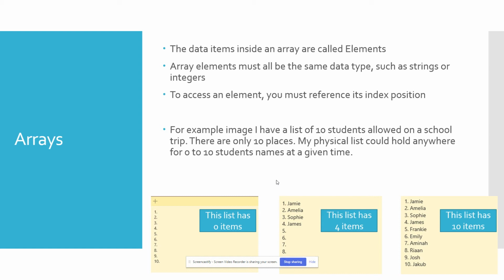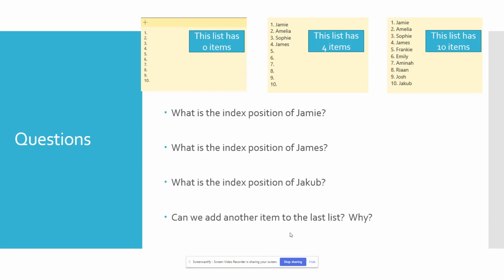And I've deliberately numbered it like this because you need to be very clear about the fact that this is different to index positions. So remember, this list here has 4 items, but hopefully if I ask you what is James's index position, you're already going to know that it isn't the number 4. So what is the index position of Jamie?